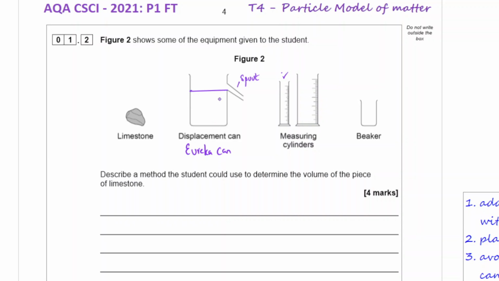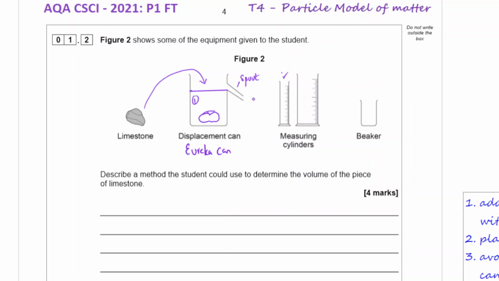So once you fill it up with water, that's your first step, you place the limestone inside slowly, and you want to make sure that the entire limestone is at the bottom. You say it's fully submerged in the water.